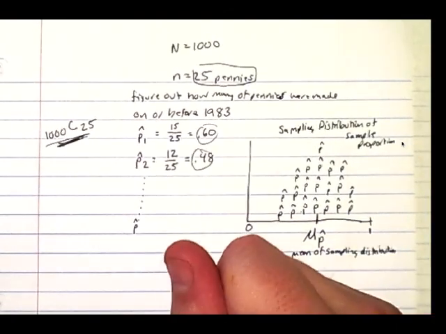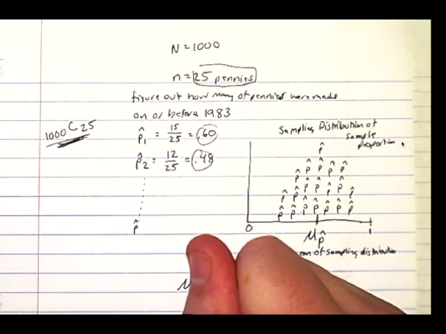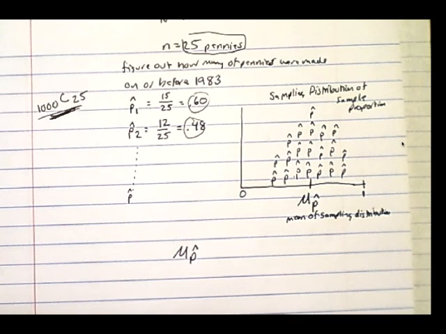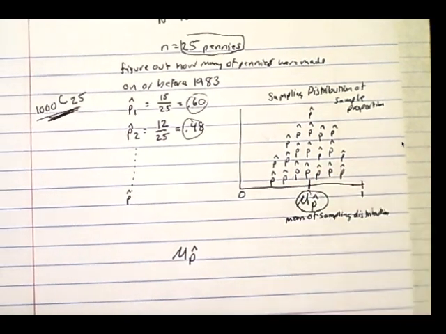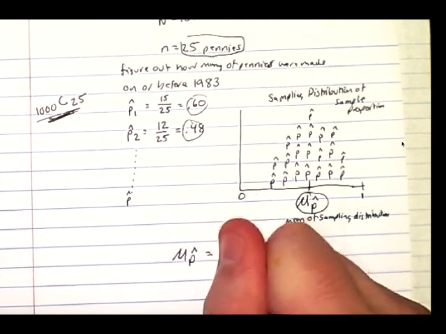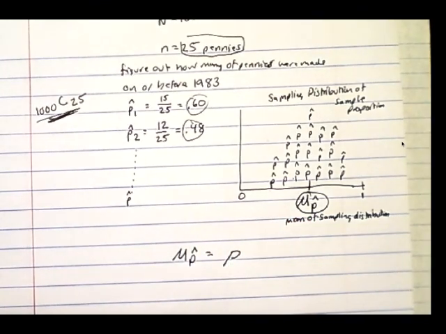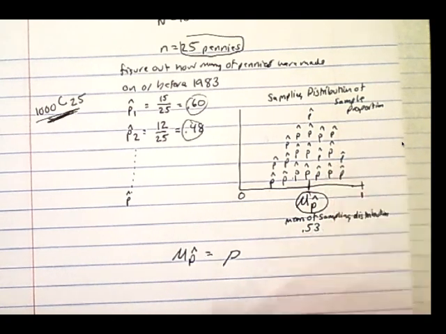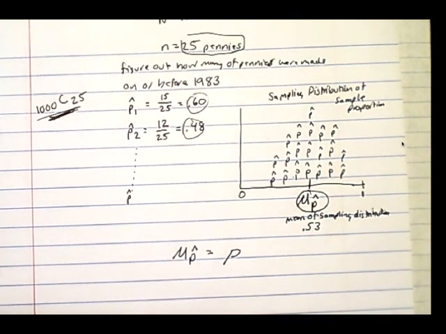And what's true, this has been proven, is that the center of that distribution is exactly equal to the true proportion. So let's say, for instance, that when you took these, it was 0.53 as an example.